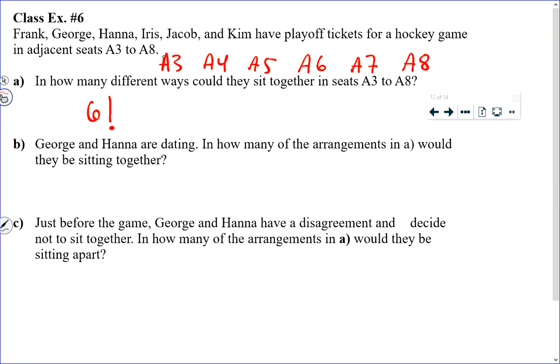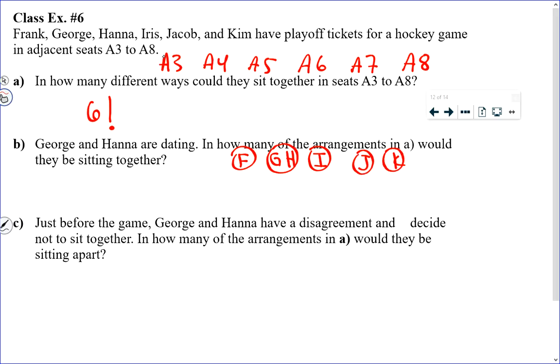But George and Hannah are dating, and they want to sit beside each other. So I'm going to write out the people. Frank, G for George, Hannah, I'm going to put right beside George because they're going to be seated together. I for Iris, J for Jacob, and K for Kim. I hope that you see that this is the same kind of question as the last couple of examples.